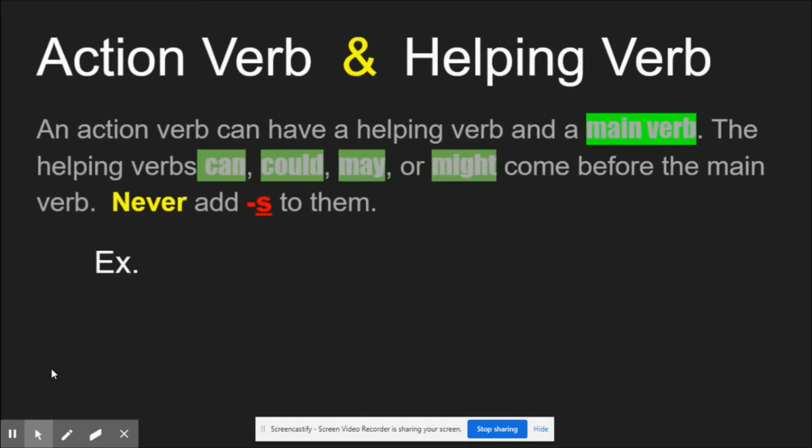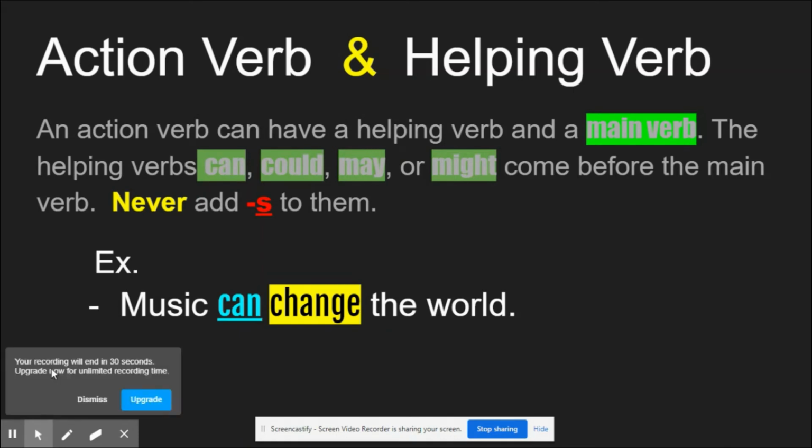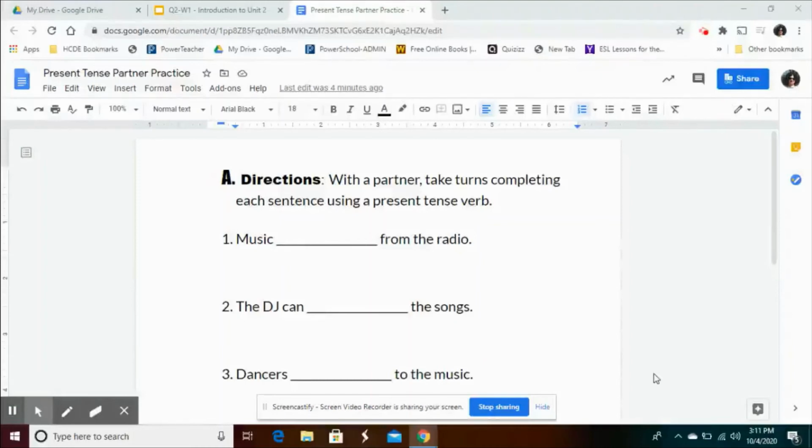So let's go ahead and look at some examples, okay? So music can change the world. Let's look at our subject. What is the sentence about? Music, right? Now, is this subject singular or plural? You're right. It is a singular subject. However, look at our verb or verbs. So let's look at the sentence again. Music blank from the radio.